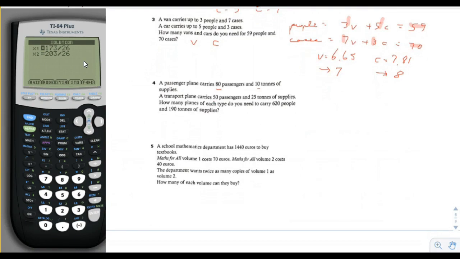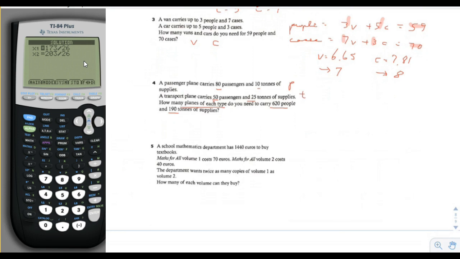Number 4, a passenger plane carries 80 passengers and 10 tons of supplies. A transport plane carries 50 and 25. How many planes of each type do you need to carry 620 people and 190 tons of supplies? Since it says how many planes of each type, one of the variables is going to be passenger planes, the other one's going to be transport planes.